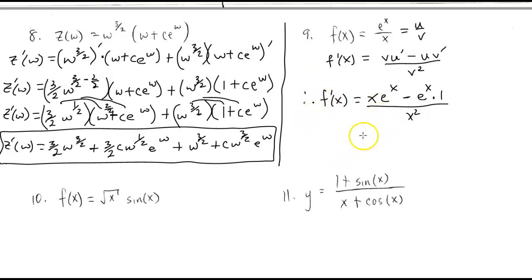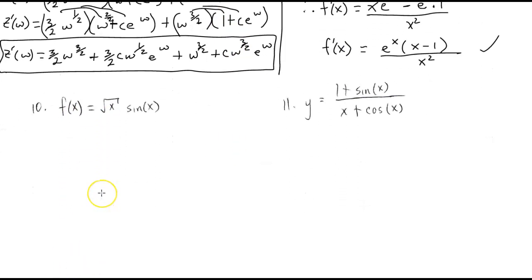So from here, since I have a common factor of e to the x, I'll pull that out. And then I just have left x minus 1. And all that can be divided by x squared. And this is a nice, simple, compact way to leave your answer there.